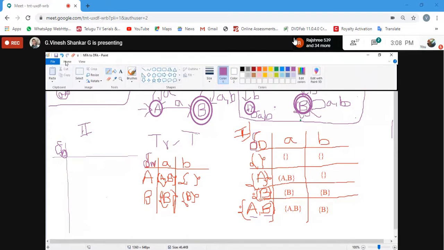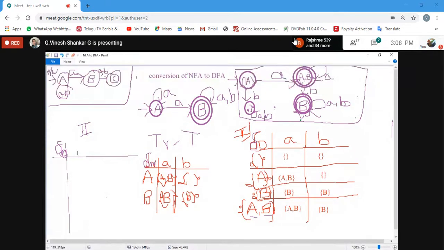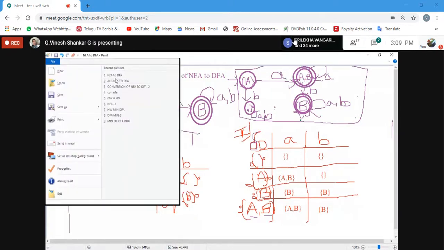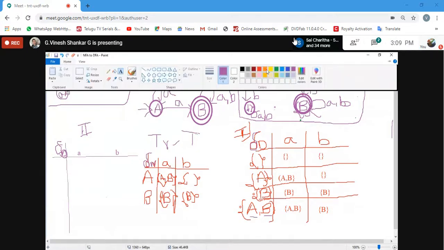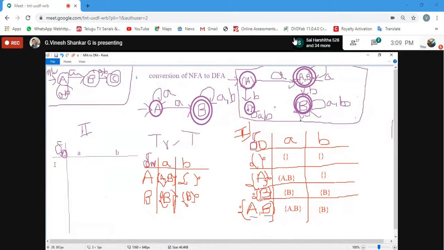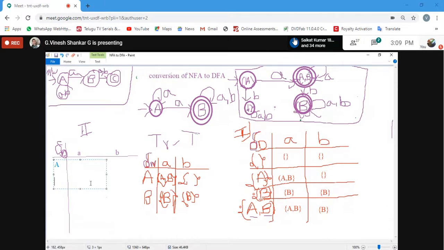Now, here I am taking small a and small b. Can you see the difference now? See the difference here. What can I take? Capital A, capital B. Sorry. Here only the difference is there.